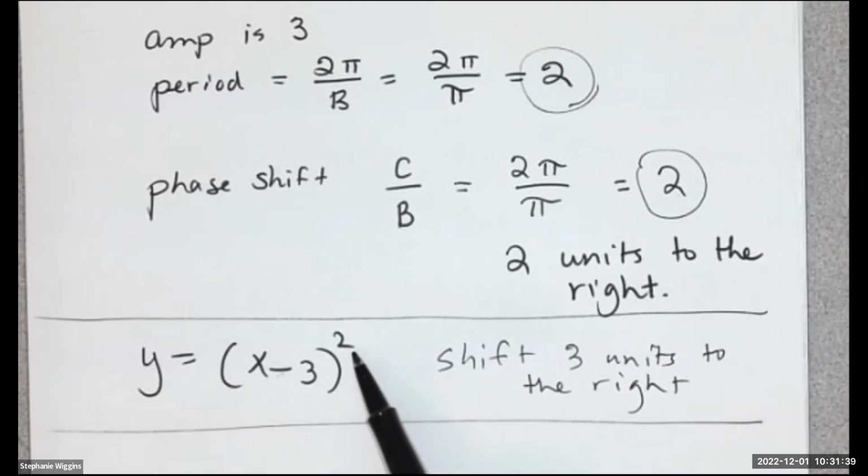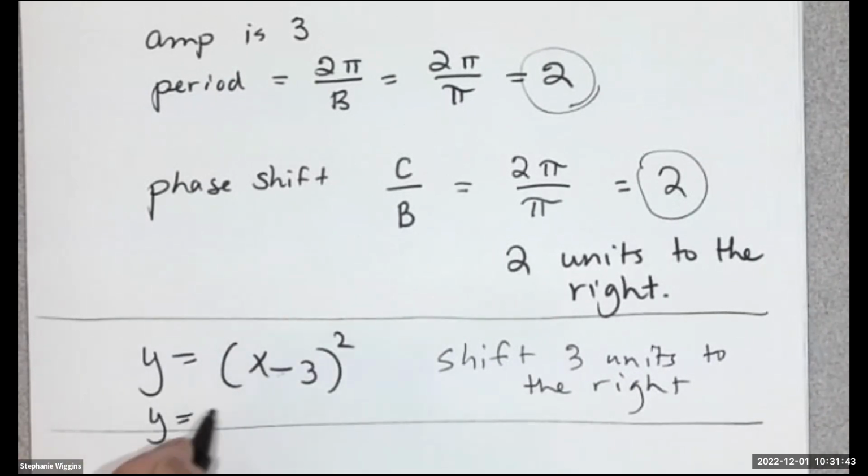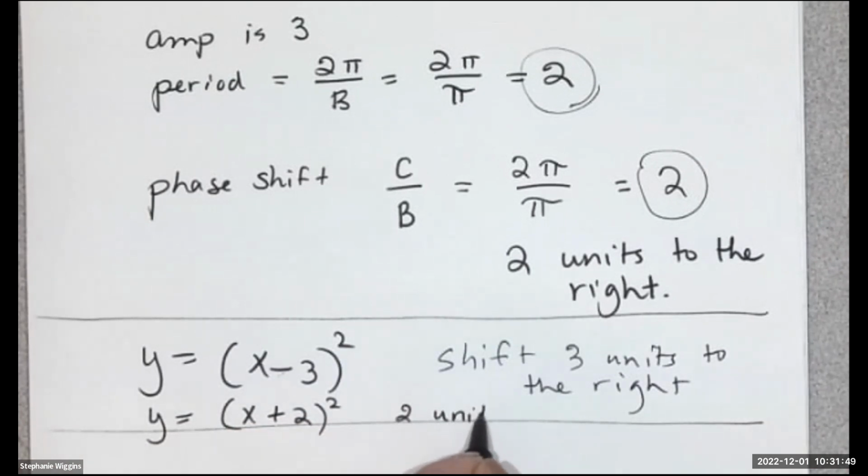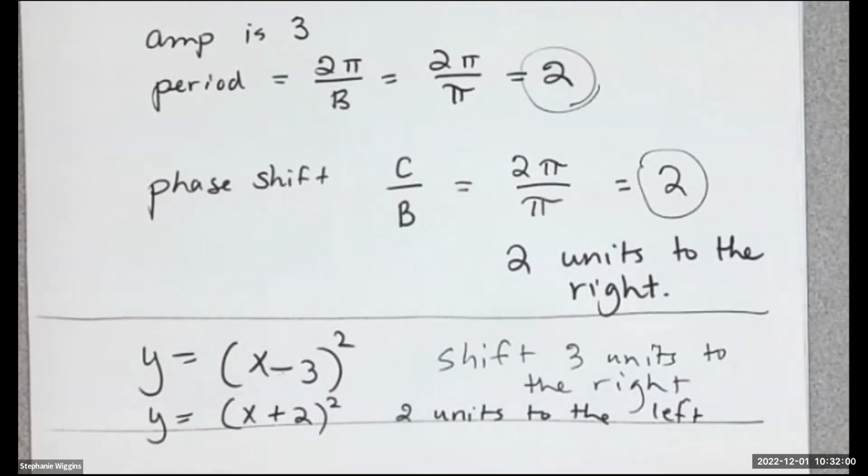If you have y equals x plus 2 squared, it's 2 units to the left. The left is the negative direction, so it's always the opposite of what you would think. Just remember opposite, and you'll be fine. Okay, I think I've covered that well enough.